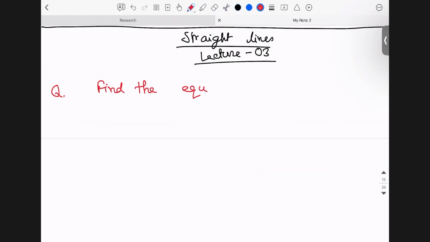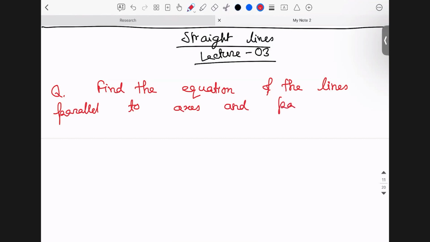Find the equation of the lines parallel to axis and passing through minus 2 comma 3.